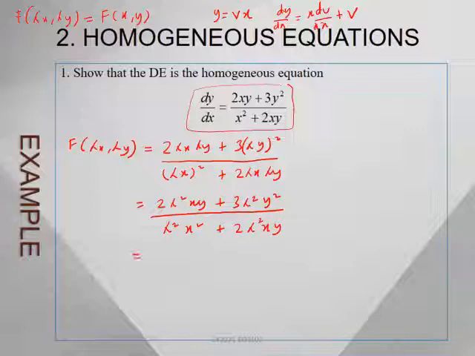Now each term has lambda squared: this term, this term, this term, this term also. So we can factor out the lambda squared. If not, we cannot factor out; we must have lambda squared in each term.